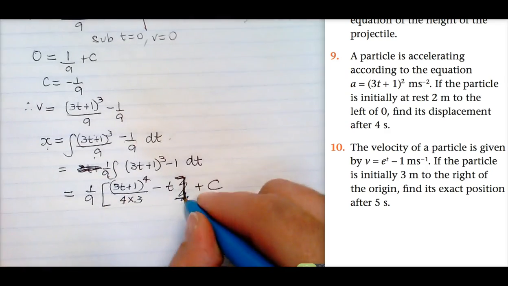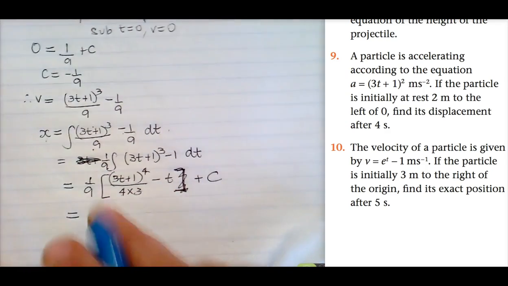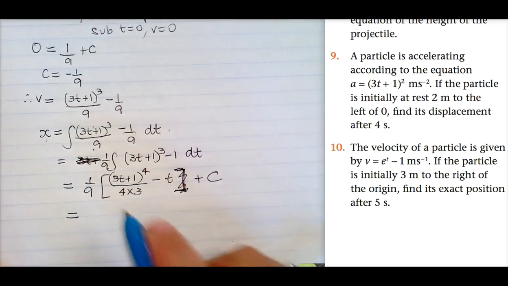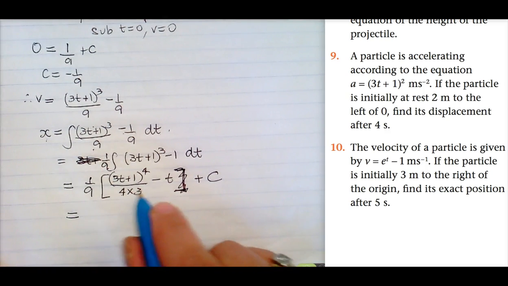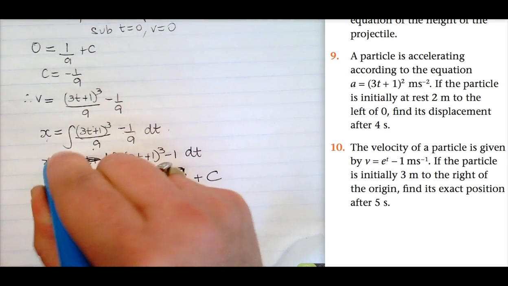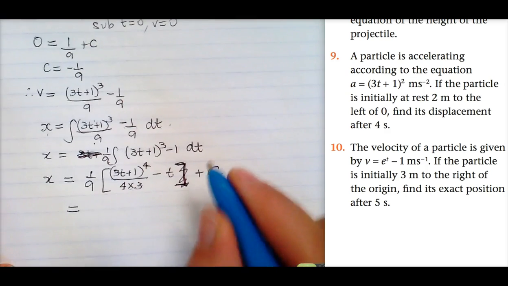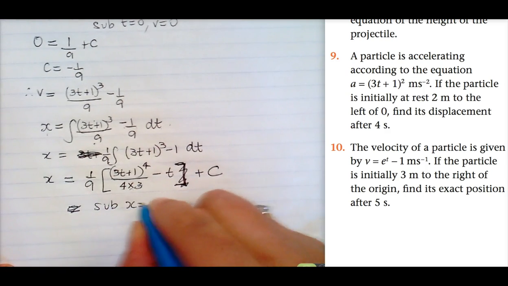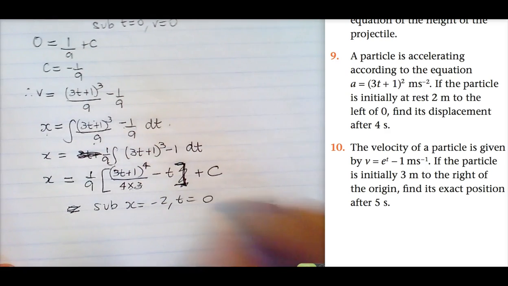So we've got that. You can, if you want, put now that that's 12 times 9, or you can keep the 1/9 out the front. What are we going to substitute now? x equals -2, t is 0.